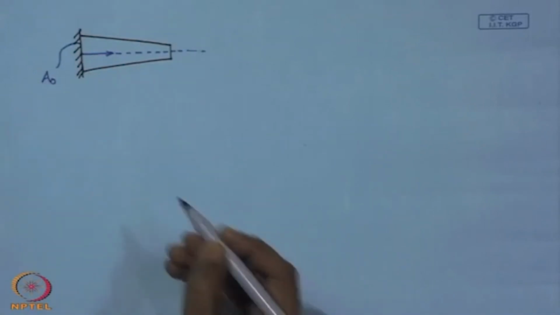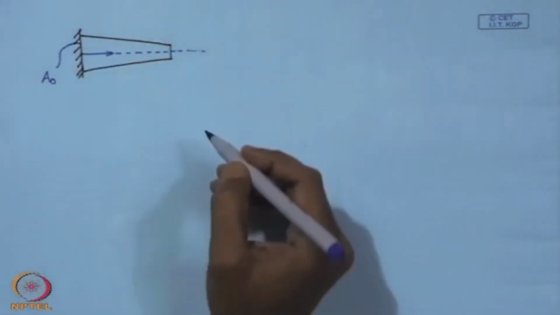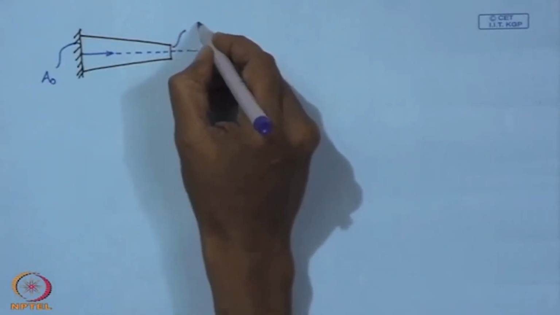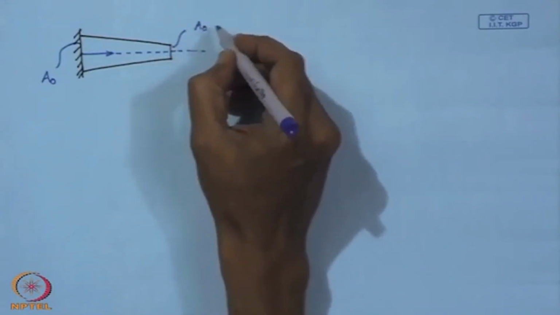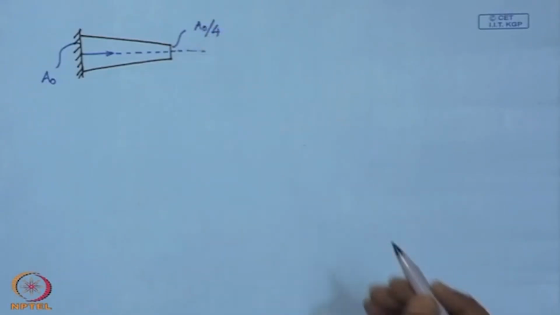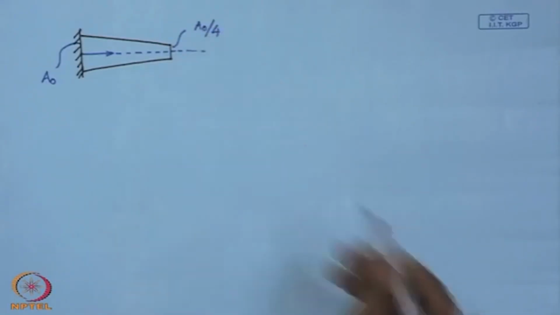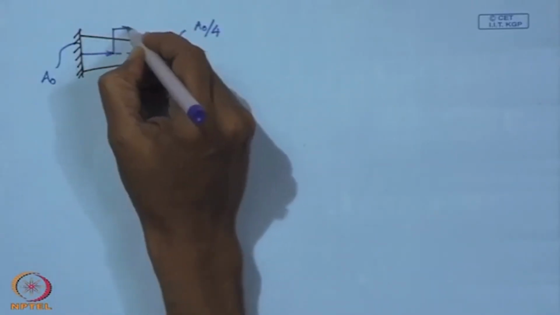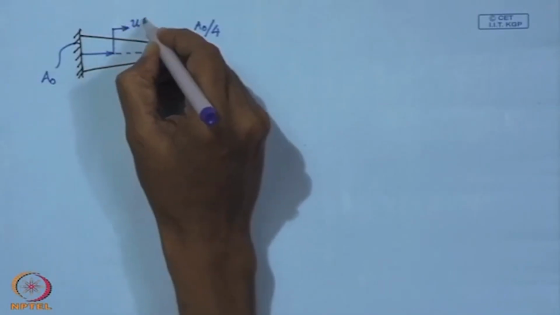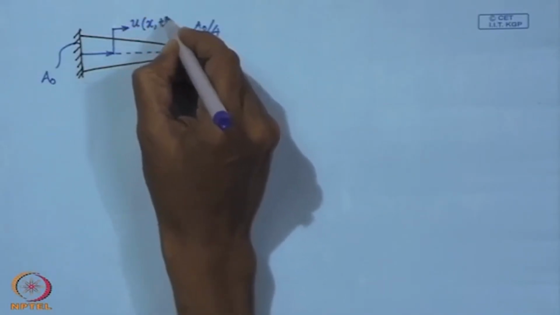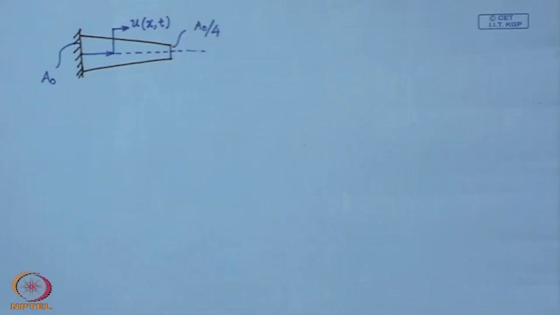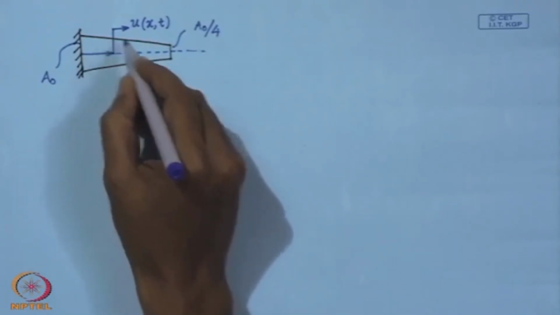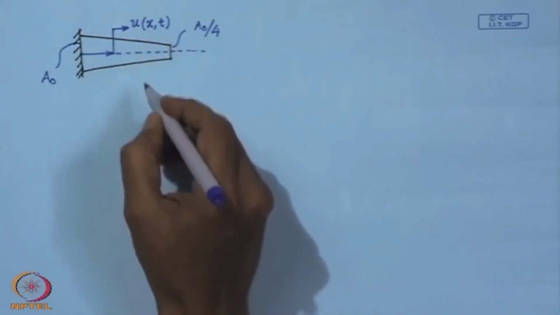Consider that A 0 is the area of cross section at the fixed end, and at the free end it is something like A 0 by 4. The field variable is represented by u(x, t), which represents the axial displacement at any point x at any time t.